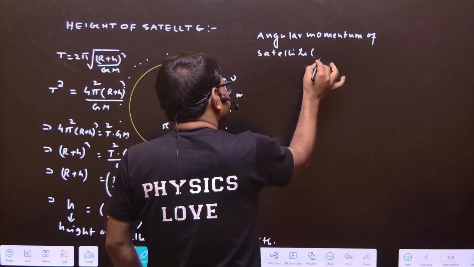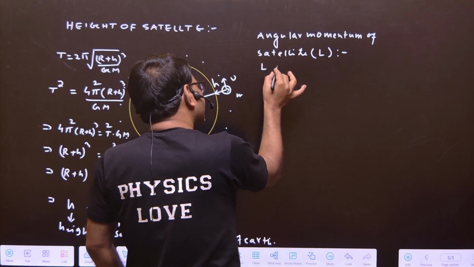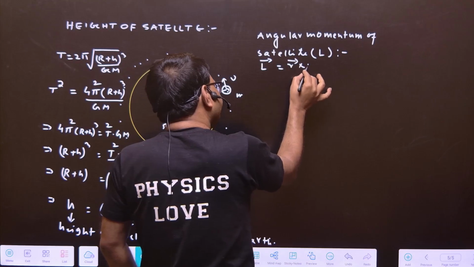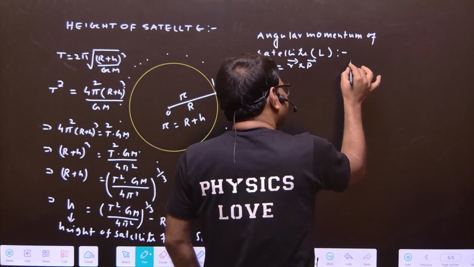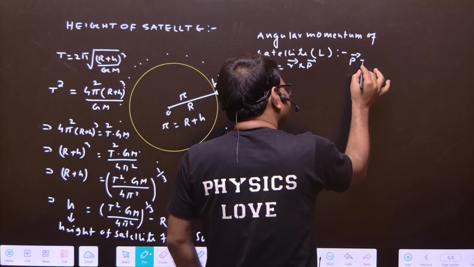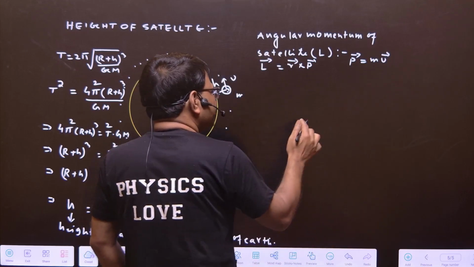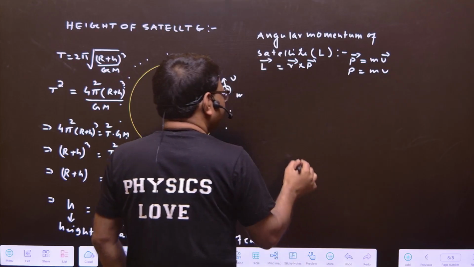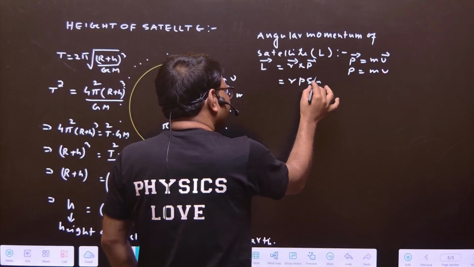Angular momentum is denoted by capital L. The actual formula is L vector equals r cross p vector. Here p means linear momentum. p vector is equal to m into v vector, and the magnitude is p only, that is linear momentum mv. r cross p means rp sine theta.